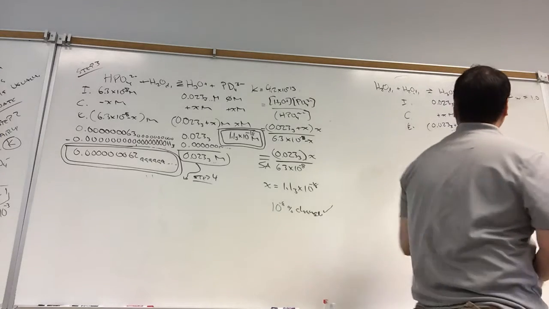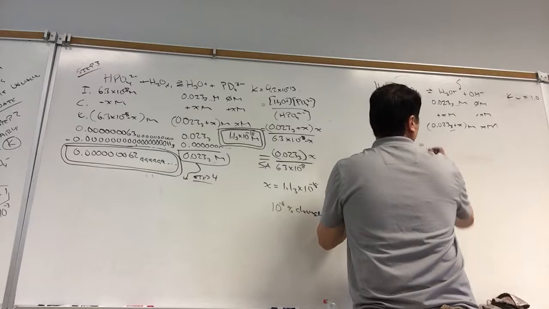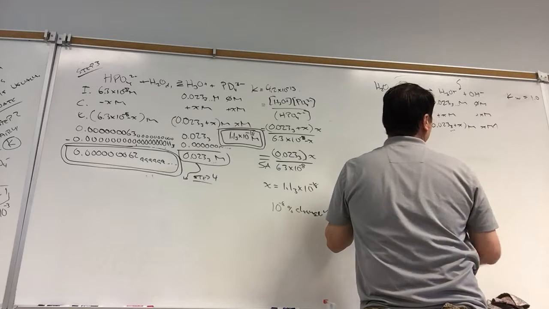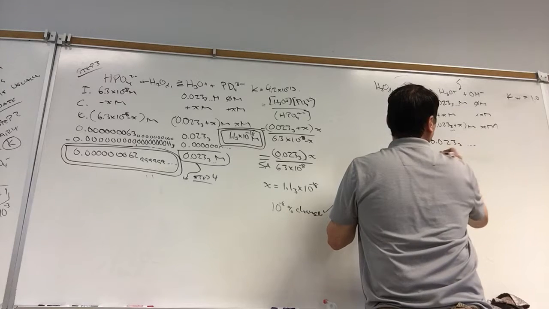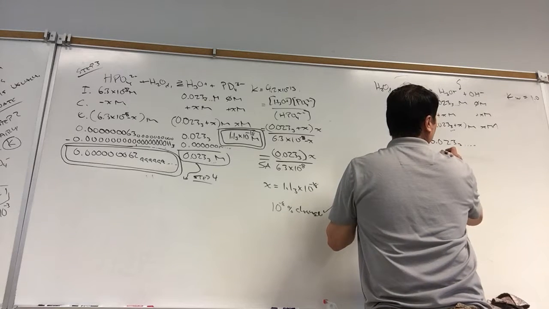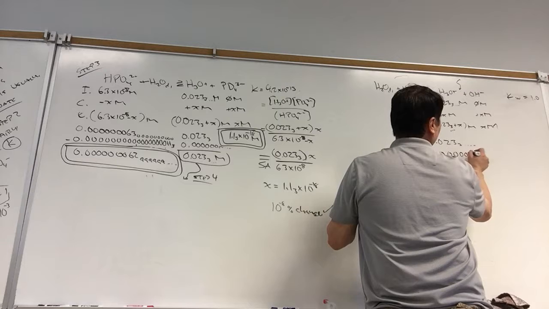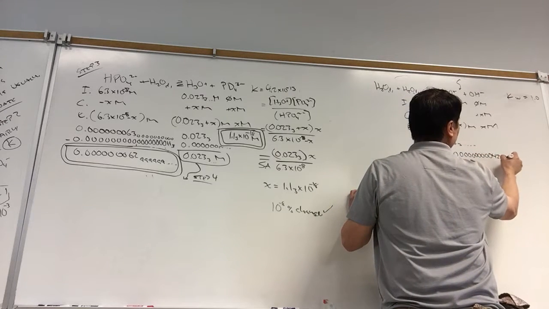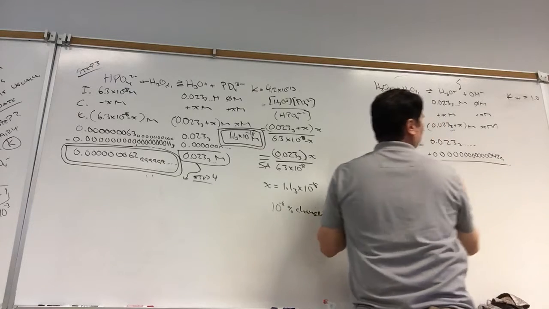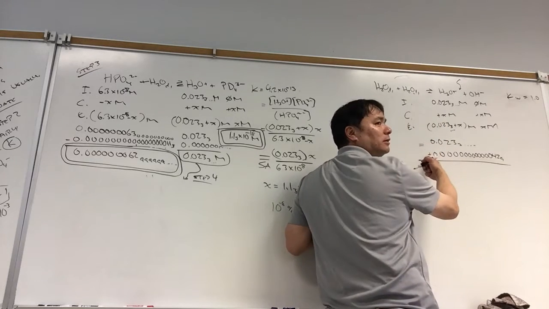It's weird. Wait, so does it perturb? Well, let's see. And so 0.0233 plus 0. I'm going to have 1, 2, 3, 4, 5, 6, 7, 8, 9, 10, 11, 12 zeros and a 4, 2, 9 here. Does it perturb?